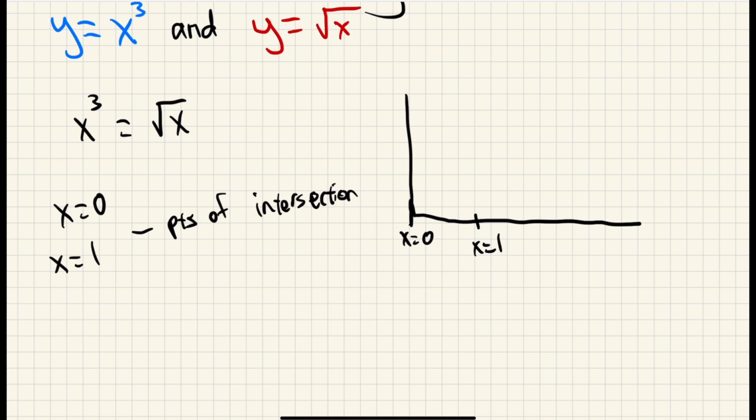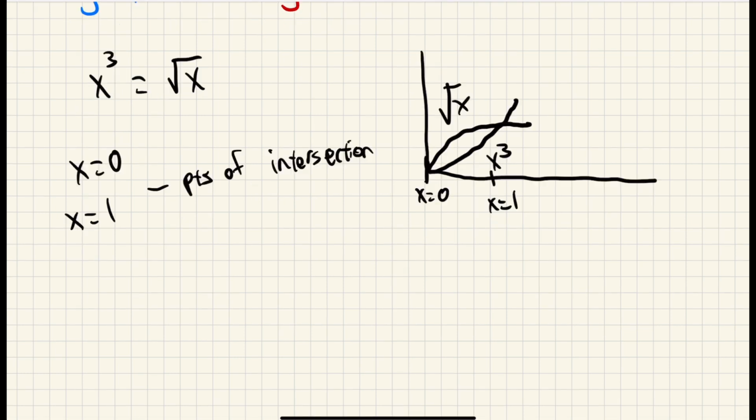So you'll notice that in the case of x cubed versus the square root of x, for a value of x less than 1, x cubed is actually going to be growing slower than square root of x. So our square root of x will be on the top, and our x cubed will be on the bottom. Now all we need to do is plug this into our integral to solve for the area between those two curves.